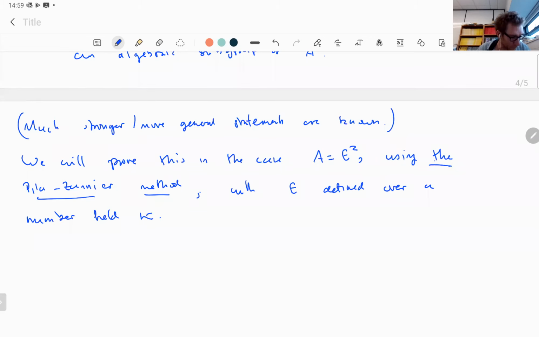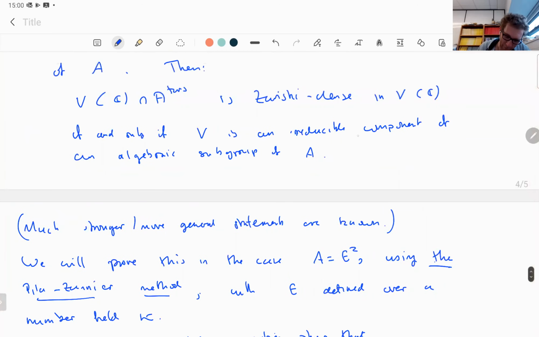Okay. So like I said, the general theory of abelian varieties shows that if you're an irreducible component of the subgroup, then the torsion is Zariski dense.